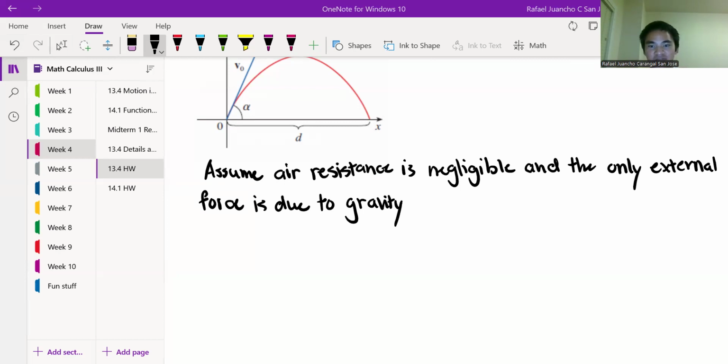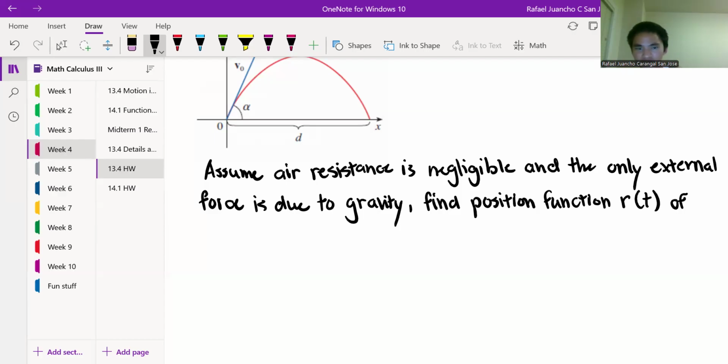We are being asked to find a position function r of t of the projectile. And we also ask what value of alpha maximizes the range.